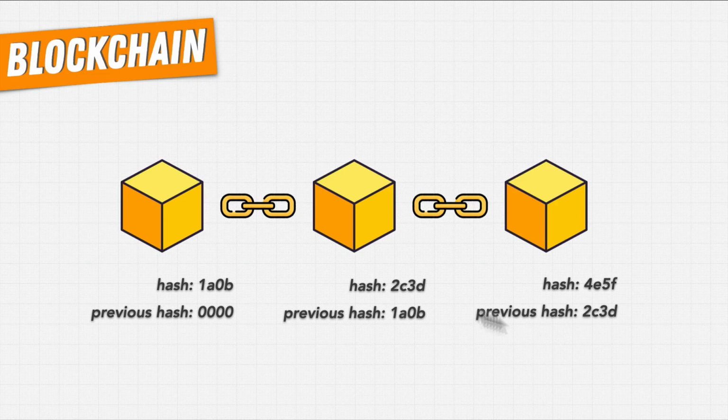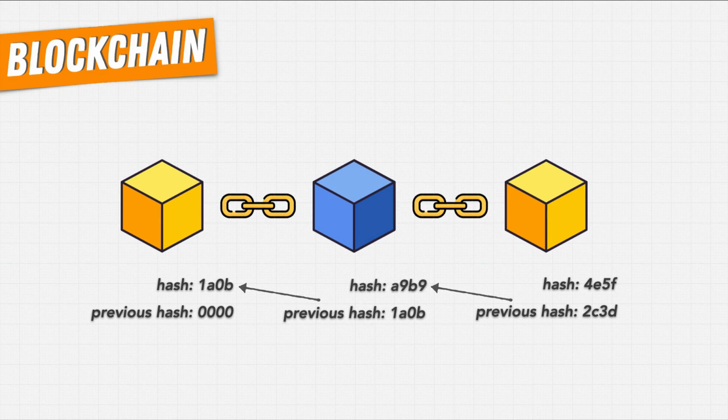Now notice that the links between blocks are created by having the previous hash of the second block here point to the hash of the first block. And it's the same for the 2 other blocks. The beauty of this approach is that now, if a hacker tries to go into the blockchain and change the data in one of the blocks here, when the block changes, the hash here will also change.